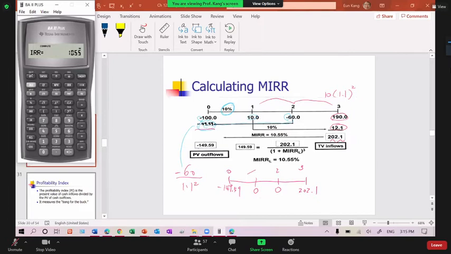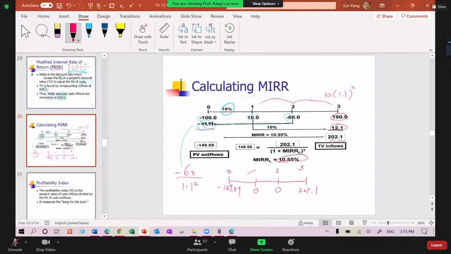How would you get this one faster? Anybody? Given your time value of money knowledge. NPV is in dollars, so you have to calculate return. So this is basically saying that you invest 149.59 and you get 202.1.